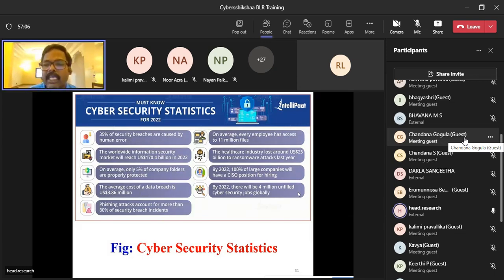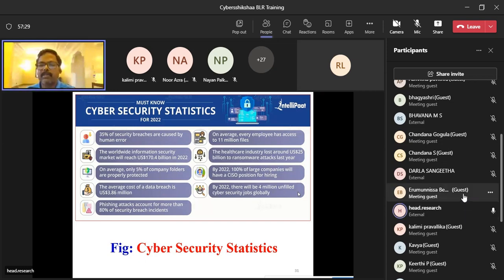The healthcare industry lost around 25 billion US dollars to ransomware. Ransom means a currency of Russia. A Russian university student created a virus, and the damage was 25 billion US dollars. Attacks happened in the last year.